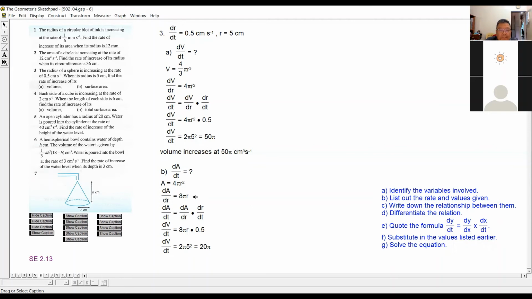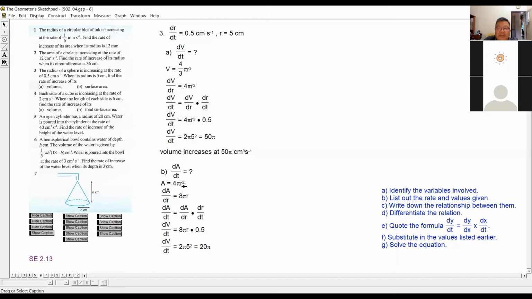Teacher, when we write the 4 pi r square, why can we not write 5 for the r? Sorry, don't differentiate the pi. No, because the r they gave is 5 cm. If we put the 5 into the r first, then you cannot differentiate already. You put the 5 into the r, then you are actually finding the area. You are not finding the rate of change of the area.